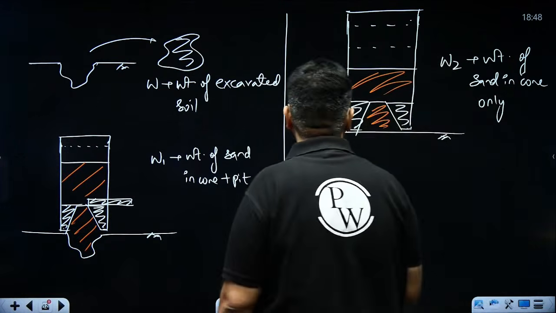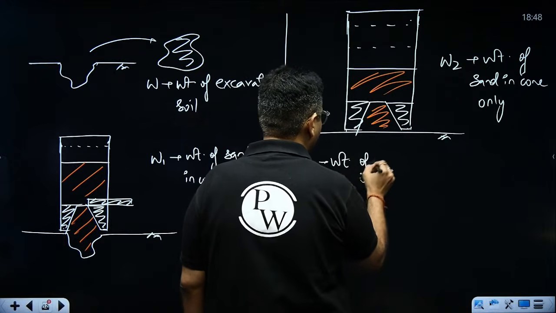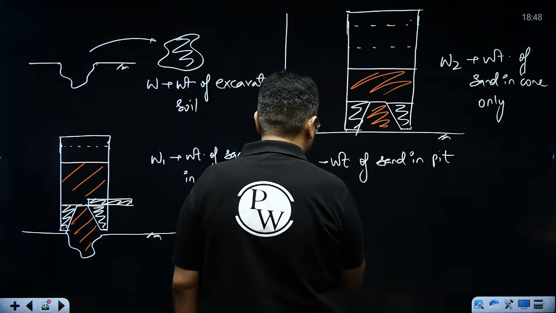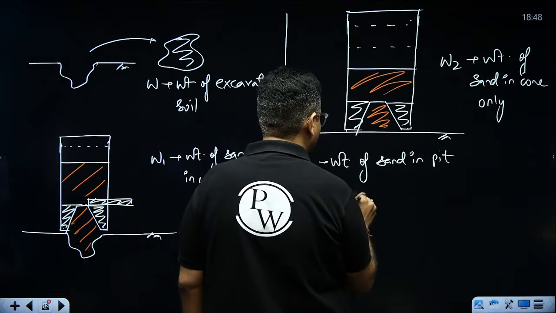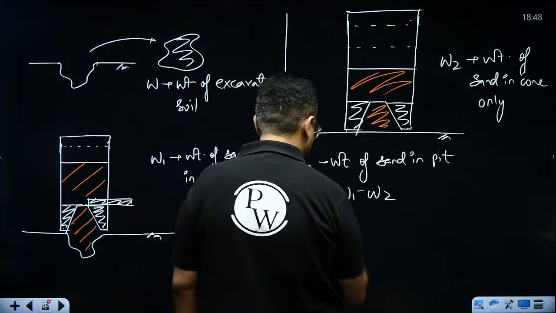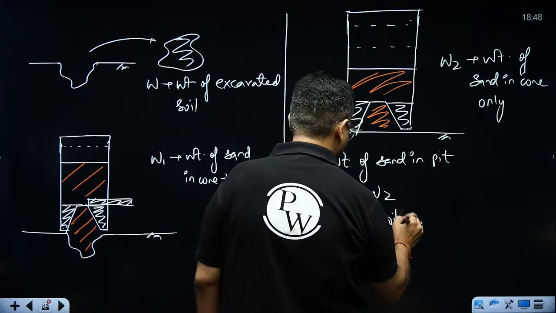Now, W3 is the weight of sand in pit. W3 will be equal to W1 minus W2, and the volume of pit, V, is the volume of soil in pit.